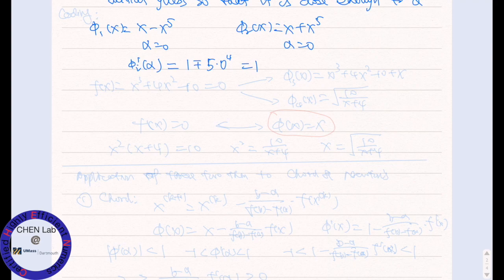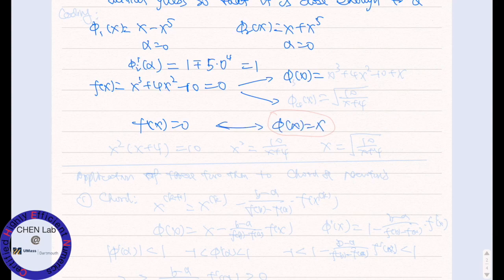And we'll probably just do a third one, which is, if we try to solve this guy, x cubed plus 4x squared minus 10, written as f, it means we need to solve for this equal to 0. So we can turn this into a fixed point. Maybe you can define your phi. Again, we need to turn f of x equal to 0 into phi of x equal to x.